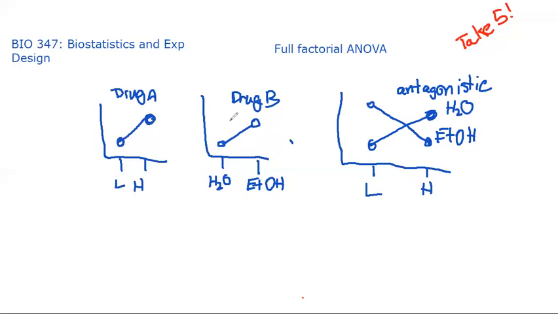So that's the primary reason we do these full factorial ANOVAs, is that we can uncover these interactions that we don't see here, okay? And the fact that we get the opposite response at high doses would be super important if these are life-saving drugs, okay? So the main effects are difficult to interpret when you have an interaction. So our source table may indicate that drug A has a significant positive effect.